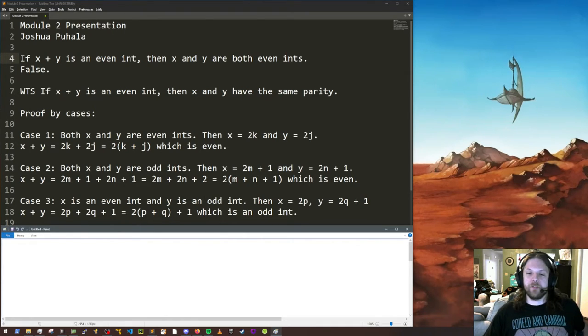If they're different, they're different. For this case, we'll do x equal to 2p and y equal to 2q plus 1. Algebraically, that becomes 2p plus 2q plus 1. You can factor the 2 out here, but then p and q being integers means that this is 2 times an integer plus 1, which is by definition an odd integer.